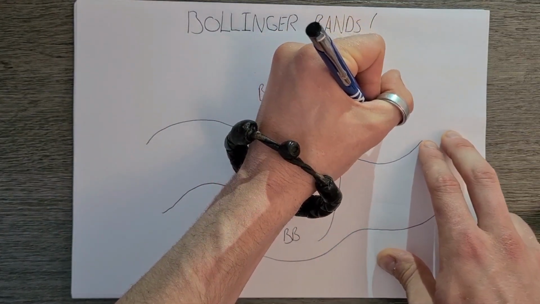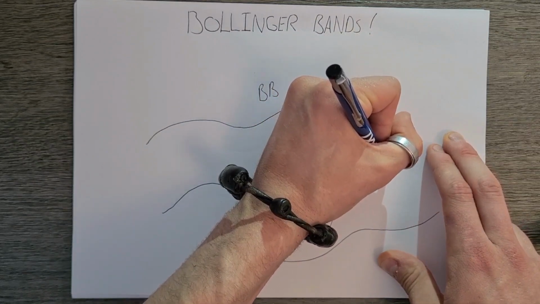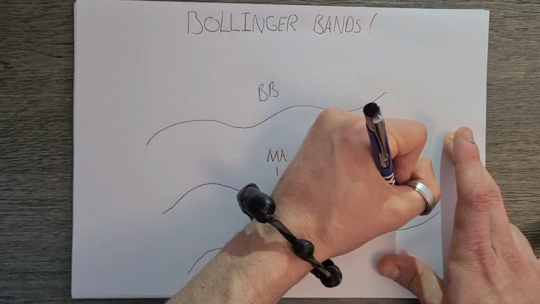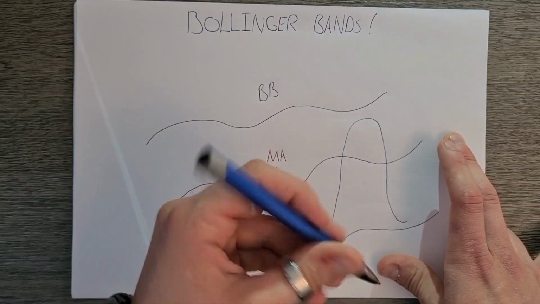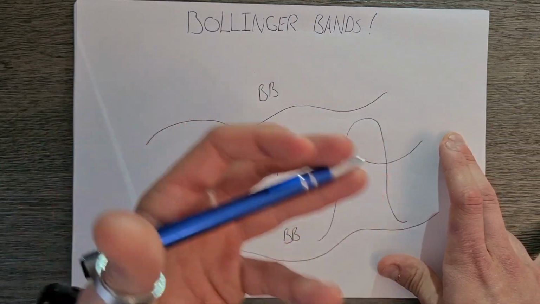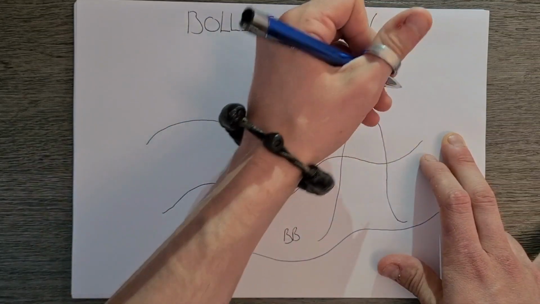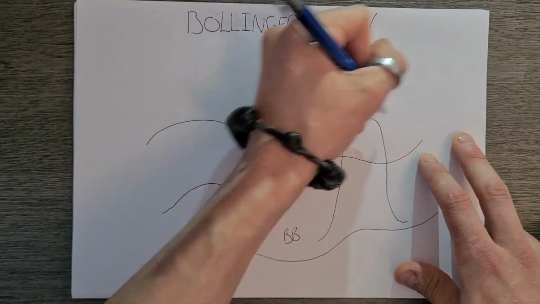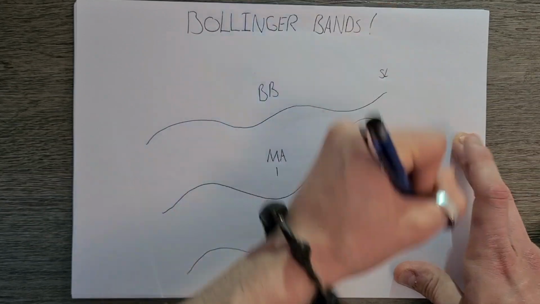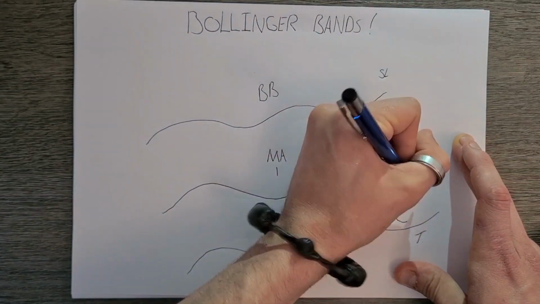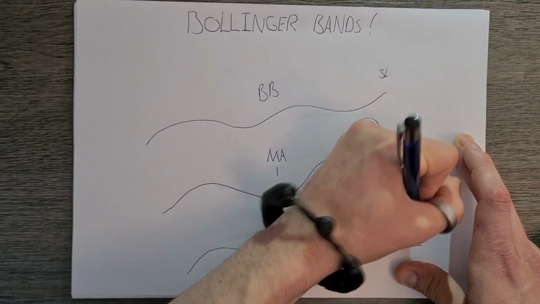And vice versa, if the price reached the lower band, we could say it's oversold and there could be an opportunity for a buy position. This means that you could also set take profits and stop losses at either end of the bands. So if you opened a sell here, you could put your stop loss, maybe whatever the price is here, and then you'll take profit probably around here.